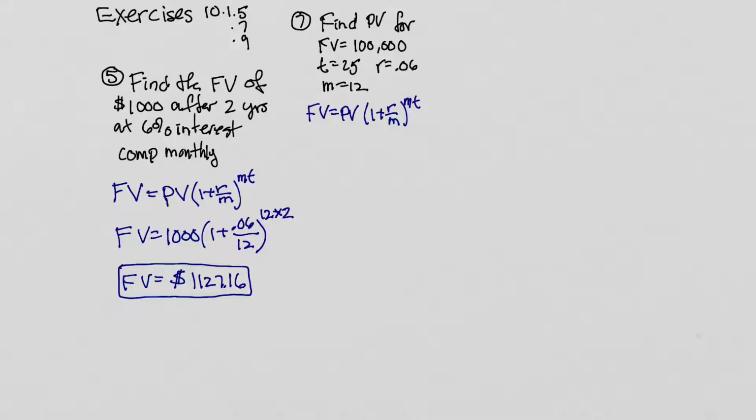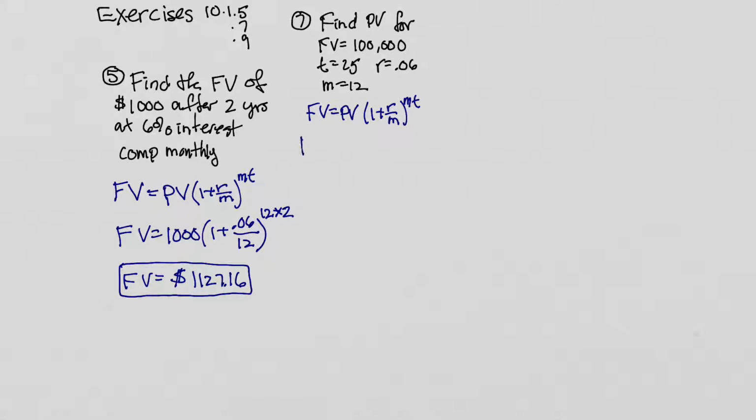So when we put our numbers in, we're going to have 100,000, that's how much we want in the future, equals PV, which we don't know, how much do we have to invest now, times this quantity, 1 plus 0.06 over 12, since we're doing this monthly, 12 times a year, raised to 12 times 25.